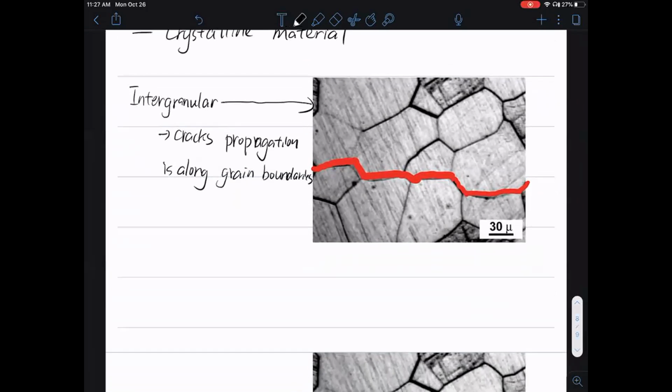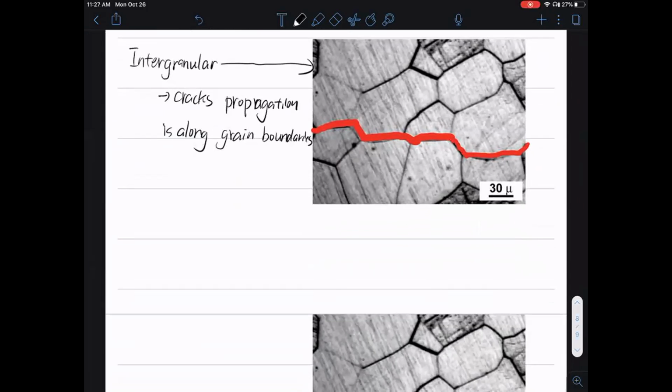Okay. So that's the first type of crack inside of crystalline material. That's a weird word, intergranular. That's along the grain boundaries.